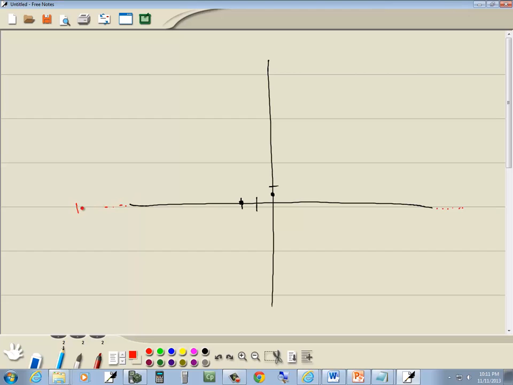So that's our horizontal asymptote. Min is -4, -0.2, that would be right there. So that's a min.